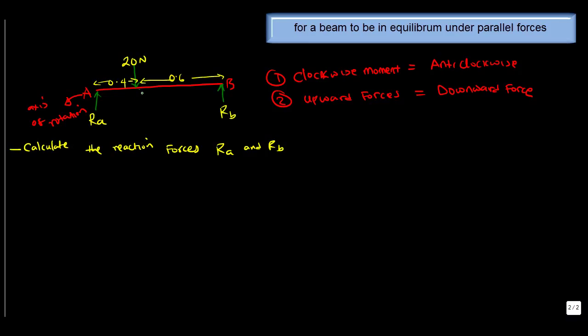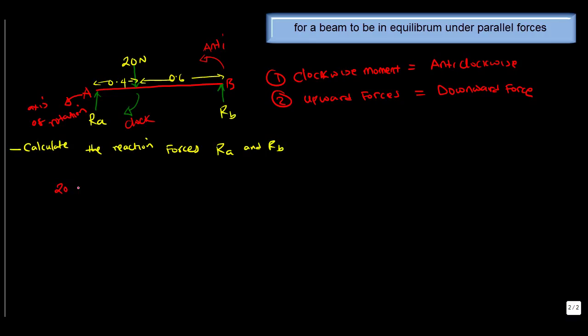Now looking at the 20 Newton force, you can tell that it will rotate the beam in a clockwise direction, and the reaction force RB will rotate the beam in that direction, so that's anti-clockwise.